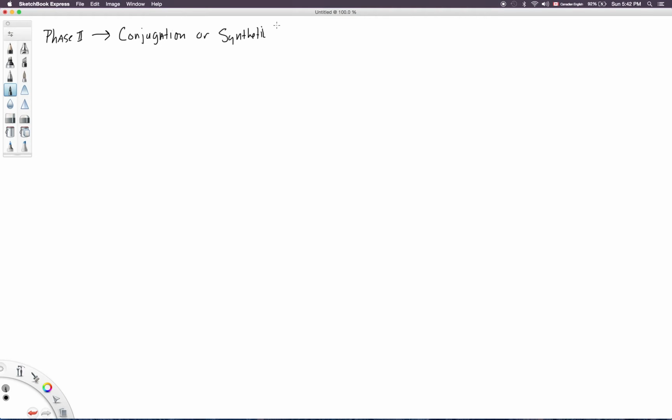Phase 2 biotransformation reactions involve the conjugation of larger molecules. I know most sources will say that it involves adding small molecules, but when we talk about a hydroxyl group, most molecules are going to be rather large in comparison to a hydroxyl group.